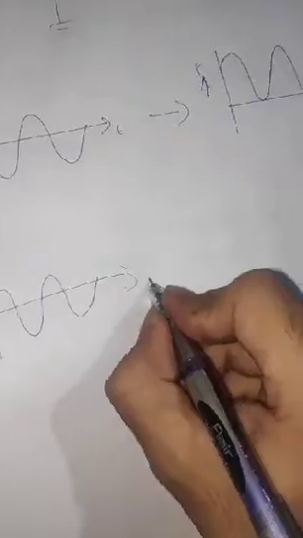That is like this. It will be shifted upward here. It is similar with negative clamper also. When we give this sinusoidal wave to a negative clamper, it will shift downward. And the output waveform will be like this.